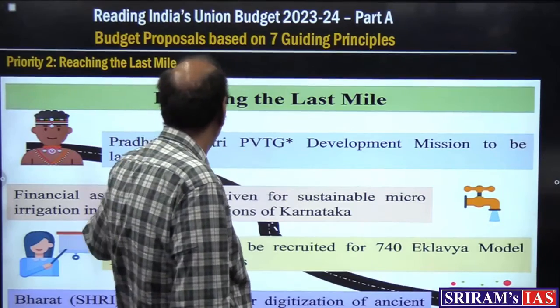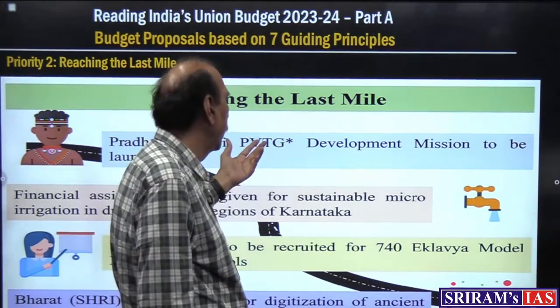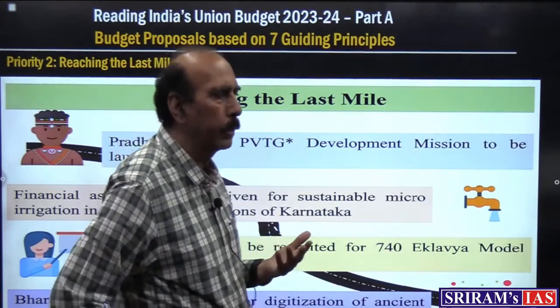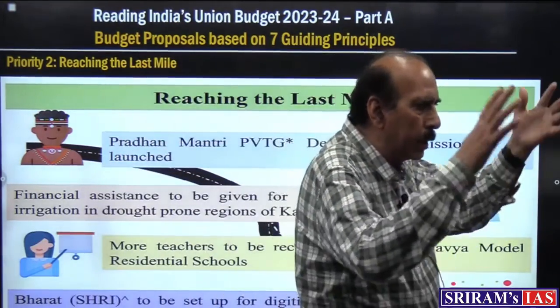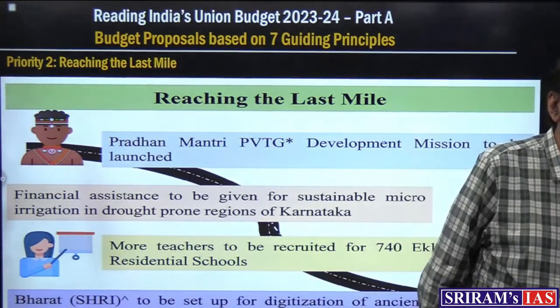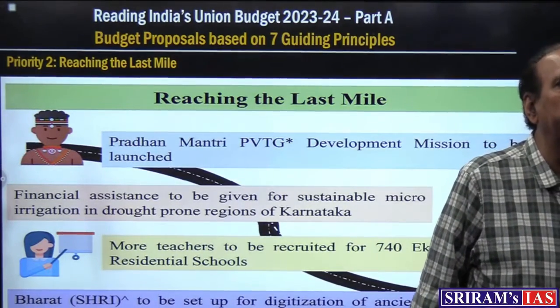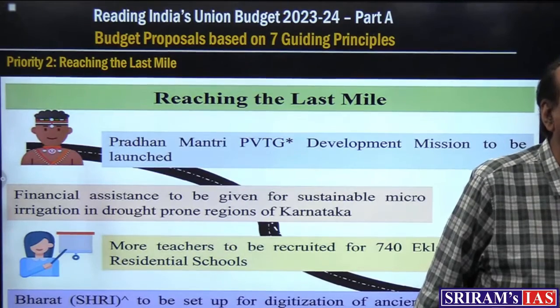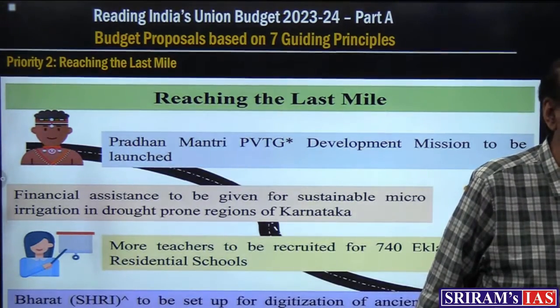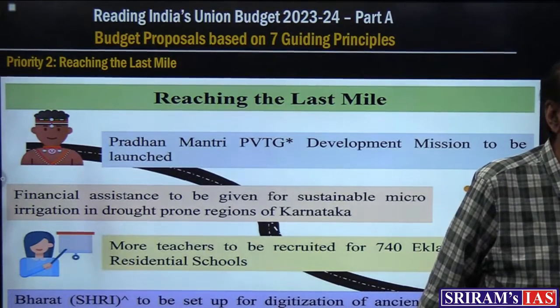Therefore the Pradhan Mantri Particularly Vulnerable Tribal Groups Development Mission will be set up. Under this mission, the areas will be identified where these people are living which have not received the benefits of the growth so far, and they will be given priority and the benefits of the growth will be taken towards them.